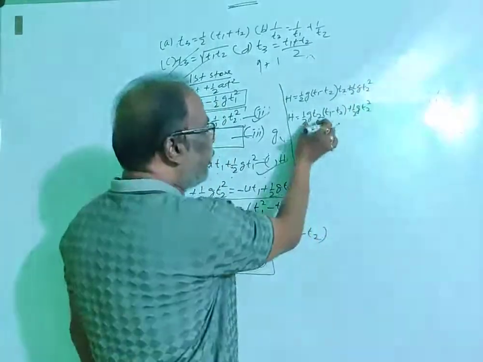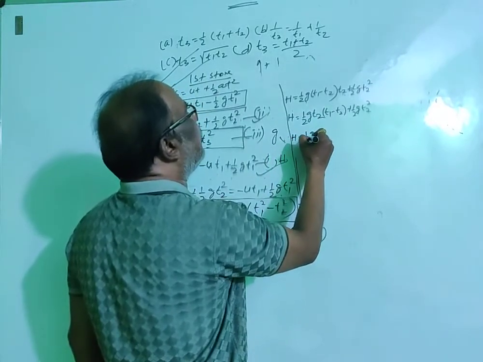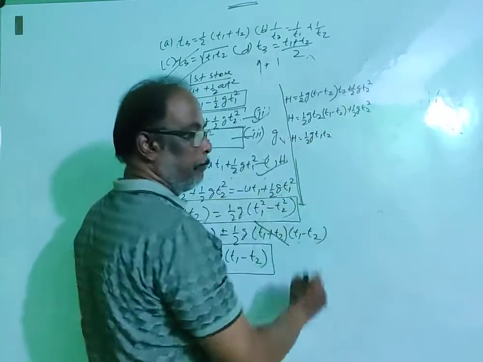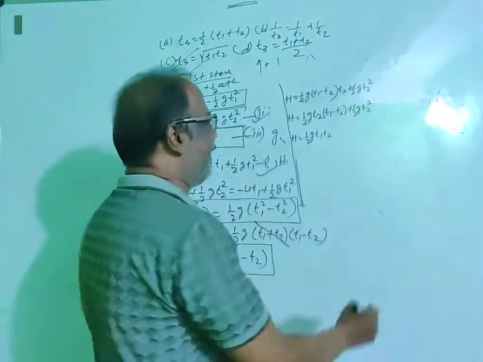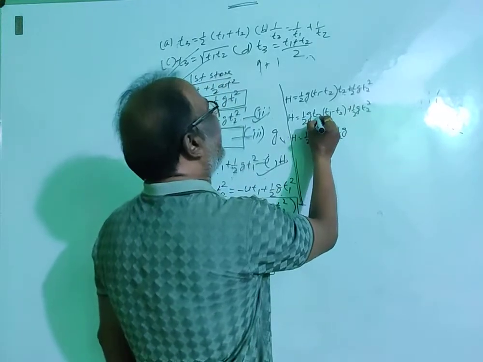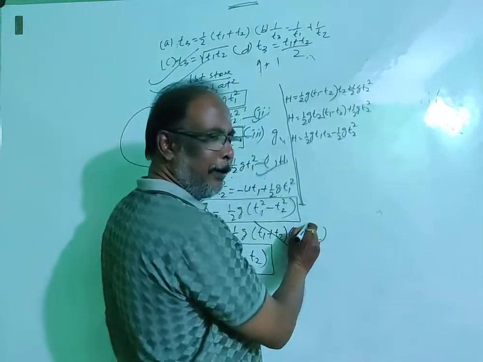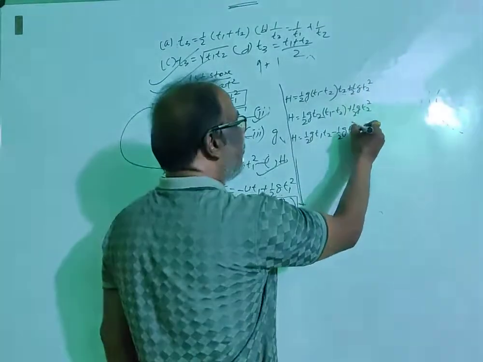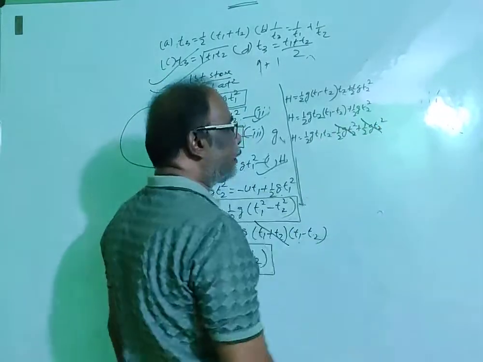Is it clear? Now multiply it. So h is equal to half g t1 t2, same thing. Then minus half g t2 into t2, meaning t2 square. Is it clear? Yes, sir. Again plus half g t2 square, both get cancelled.